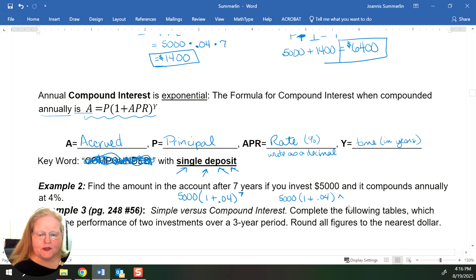That's how you tell it's an exponent. And then you put in the 7, and then you type in enter. And it is going to pop out for you what number? 6579.66.